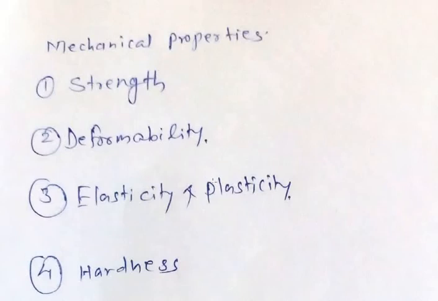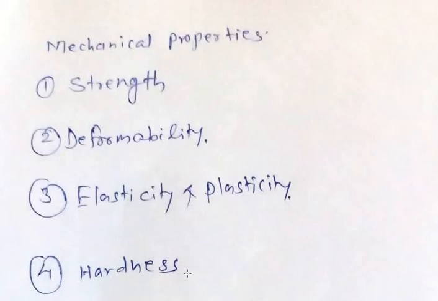Then next property, that is hardness. This is the last mechanical property. Hardness of rock is defined as its resistance to abrasion. This property helps in estimating rock decay when put to odd conditions.